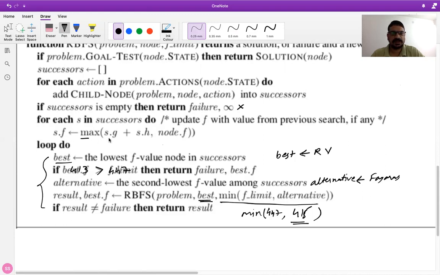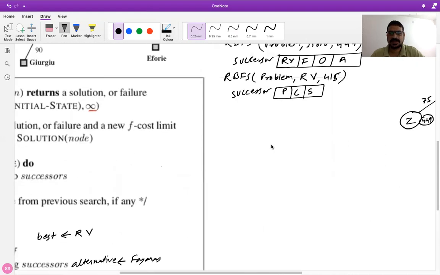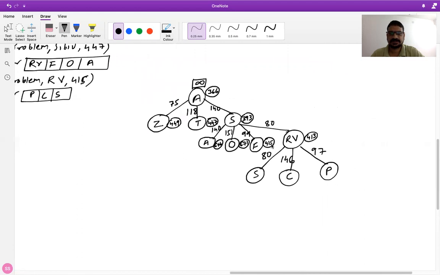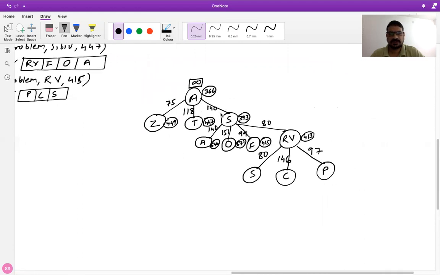We'll calculate this and compare with the previous F value of the node. Whichever is maximum, we will take as the F value. So let's calculate. That is 140 plus 80, which is 220.